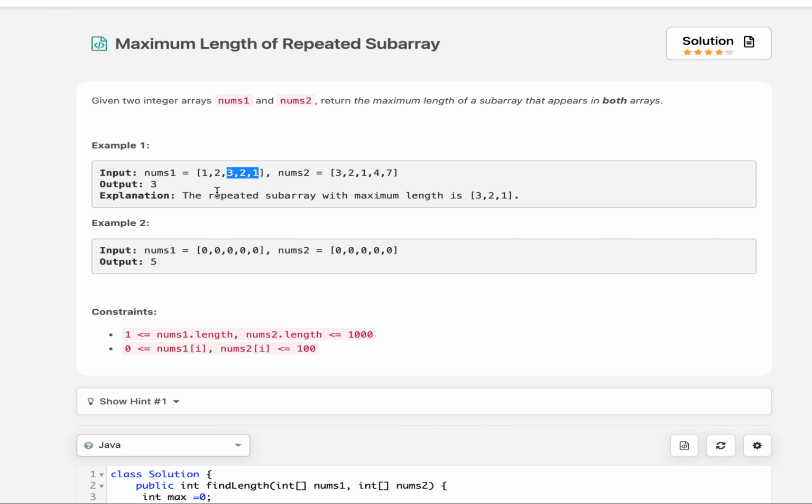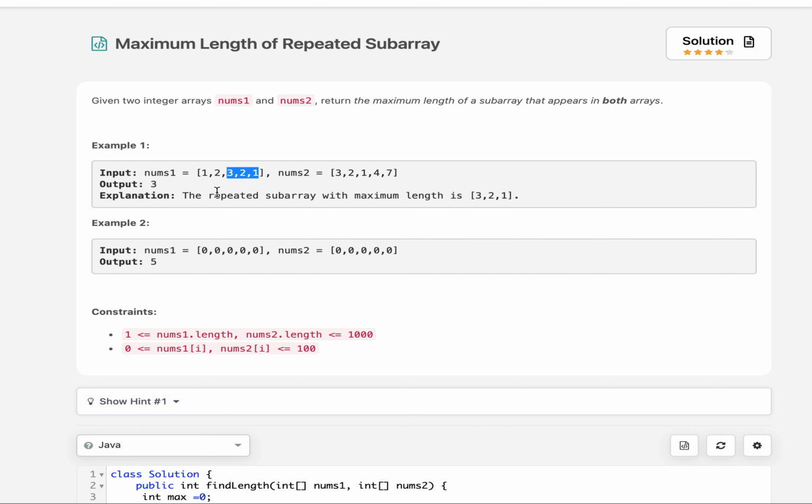Maximum length of repeated subarray, LeetCode 718. The question is a medium level question in LeetCode, and we will be using the dynamic programming approach to solve this question. This is a basic question of the 2D dynamic programming approach. What we are going to do is take two pointers: i for iterating over the nums1 array, and j for iterating over the nums2 array.